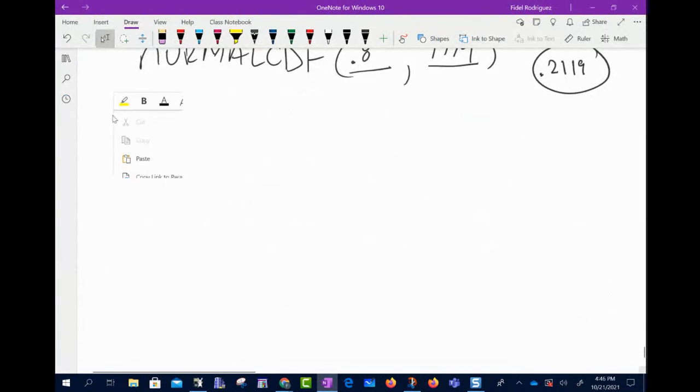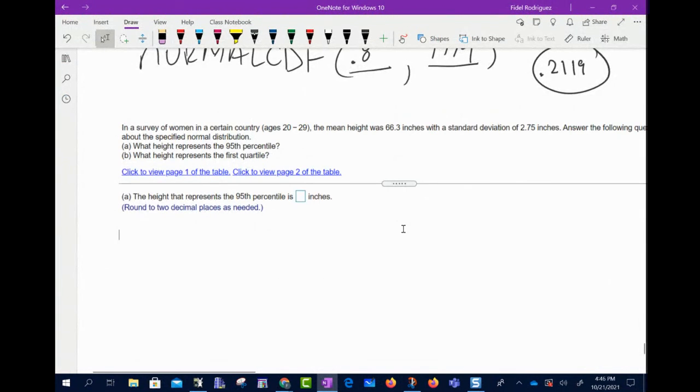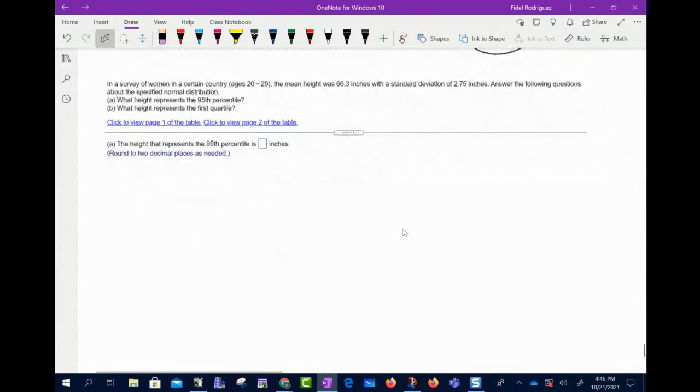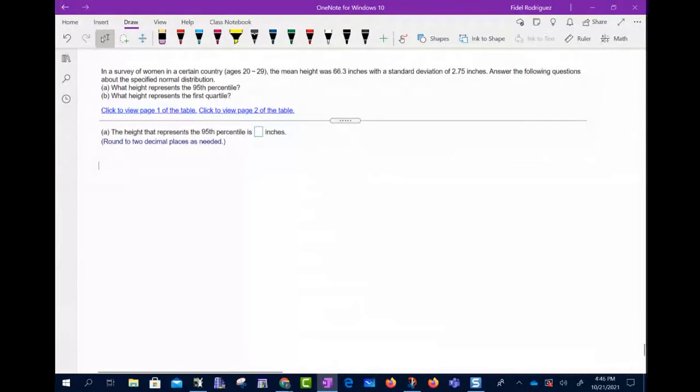So yes, let's do number 11. Let me paste this in here for us. All right, so it says, in a survey of women in a certain country, ages 20 to 29, the mean height was 66.3 inches with a standard deviation of 2.75. Answer the following questions about the normal distribution.